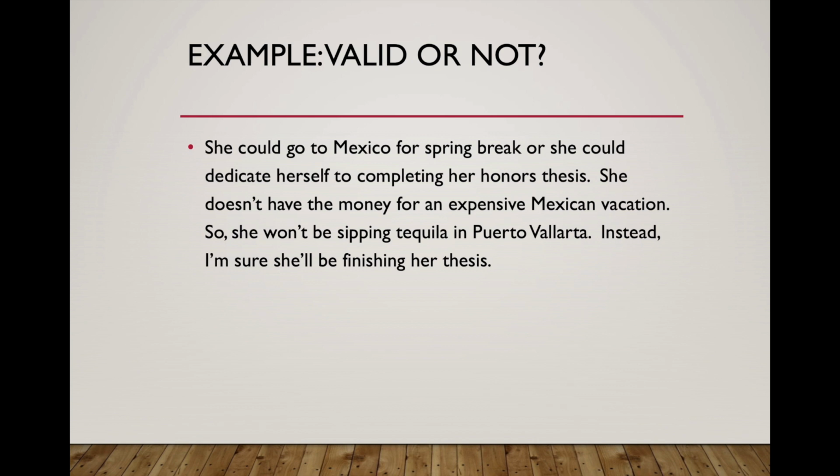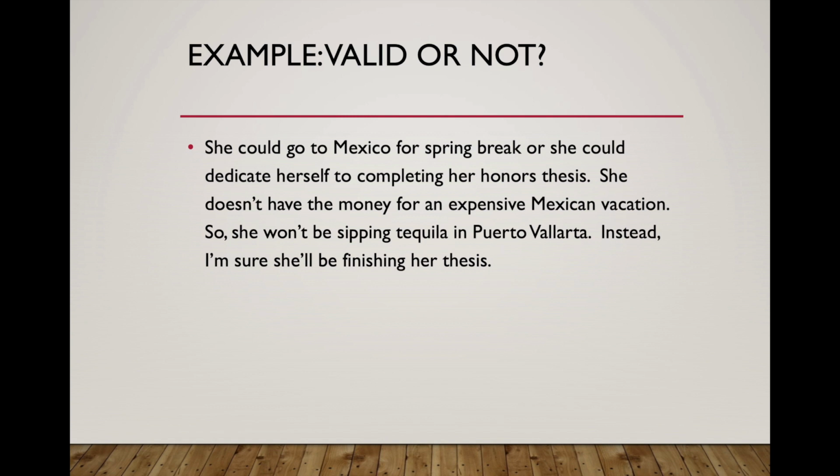So now that we know that second premise is true, we can ask, what does that second premise do in relation to the disjunctive statement? The disjunctive statement gives us the two options, or disjuncts. She goes to Mexico or she finishes her honors thesis. The second premise now tells us she won't be sipping tequila. In other words, she does not go to Mexico for spring break.